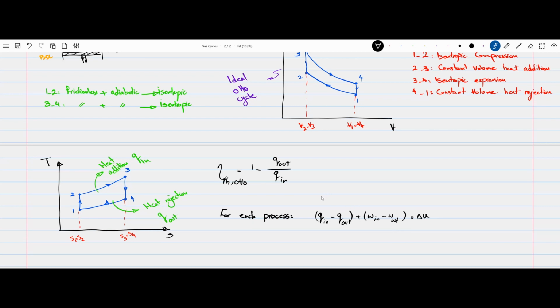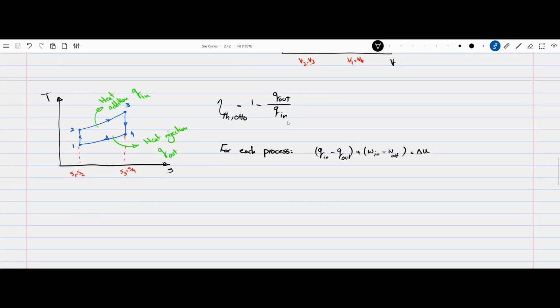You might have noticed that I'm using small letter notation, q's, w's, and u, because if this is a closed system, which we know it is based on our assumptions, the mass in the system is the same. There is no mass entering or leaving the theoretical cycle. So I can divide everything by the mass of the system and work with the per mass intensive units. Okay, so with that out of the way, let's focus on what we want to do.